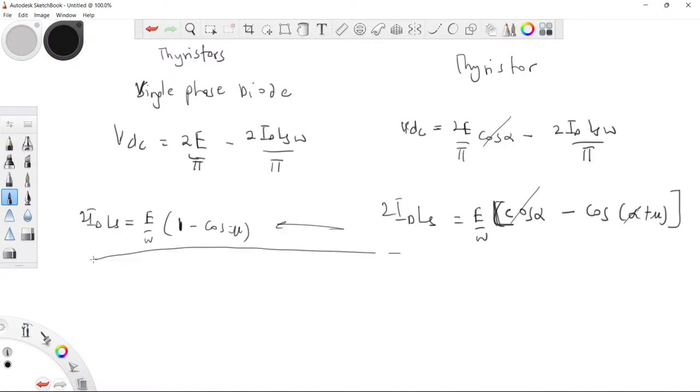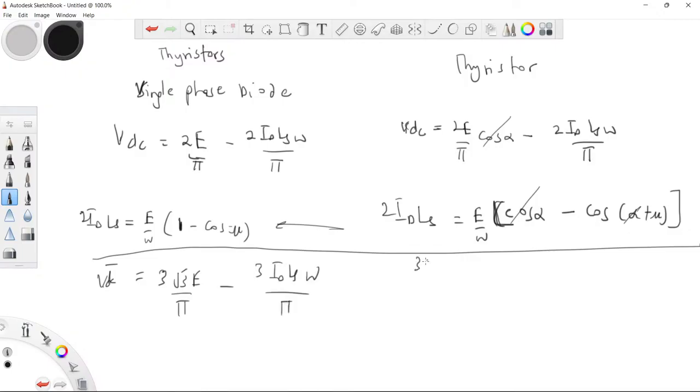Now let's take three phase. Same thing. You know that for the diode bridge, three phase is 3 root 3 E over pi minus 3 Id Ls omega over pi. Here it is the same thing: 3 root 3 E over pi cos alpha minus 3 Id Ls omega over pi.